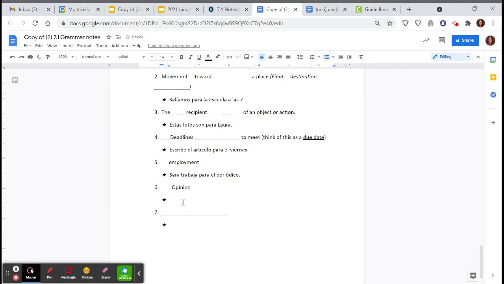So for example, we have para mí es muy importante estudiar español. So for me, it's important to study Spanish. So this is my opinion, para mí, or you could say somebody else's opinion, para Maria, or para ti, for you, stating your opinion.